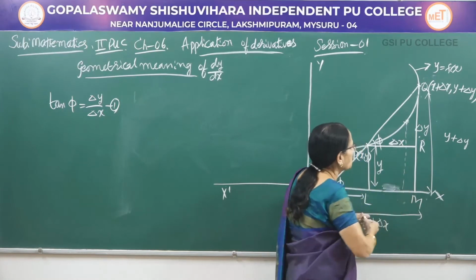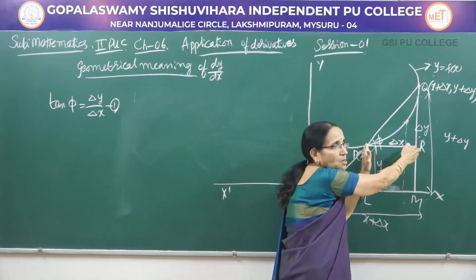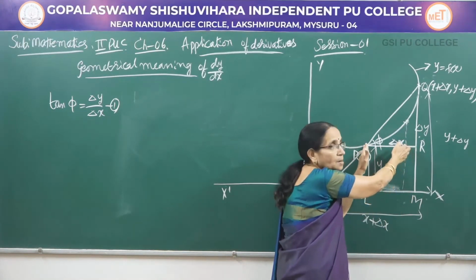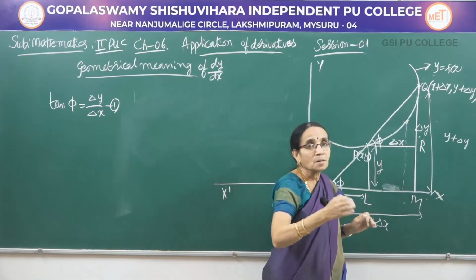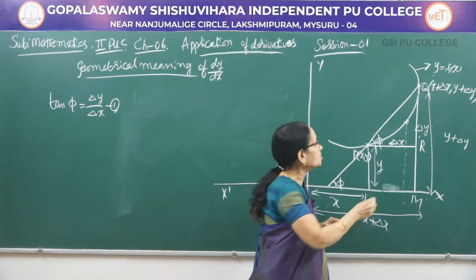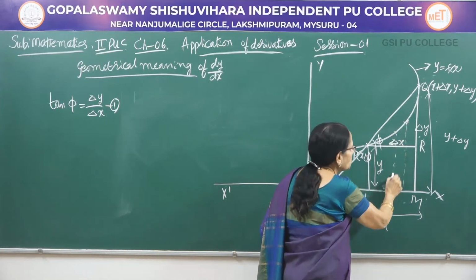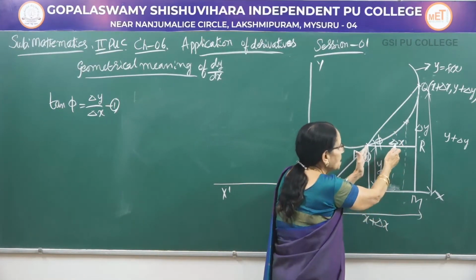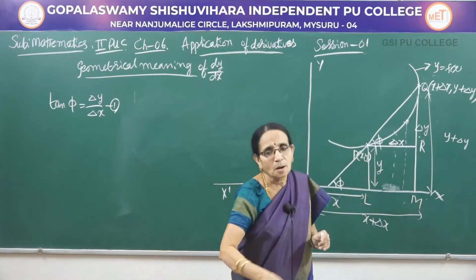If you draw a perpendicular, originally delta x was this much, now delta x has become this much, that means the length of delta x is decreased, isn't it? Suppose it comes to another position, if you draw the perpendicular, you observe delta x would be still smaller.